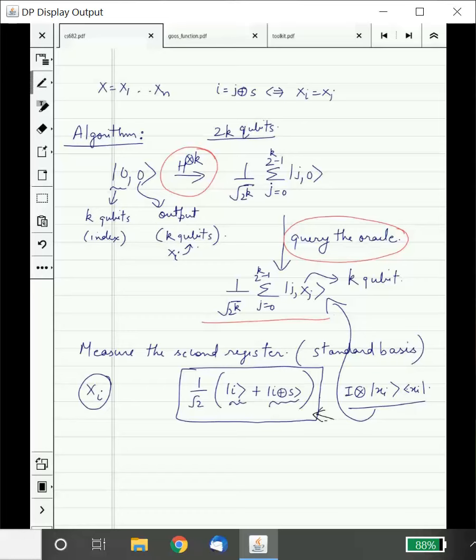You can convince yourself of that. Now, one thing which is kind of a side thing is to ignore xi. But the important thing to remember here is that I have this state which is somehow related to S. I get only two things which are related by S. If I measure the first register, it is not going to work.